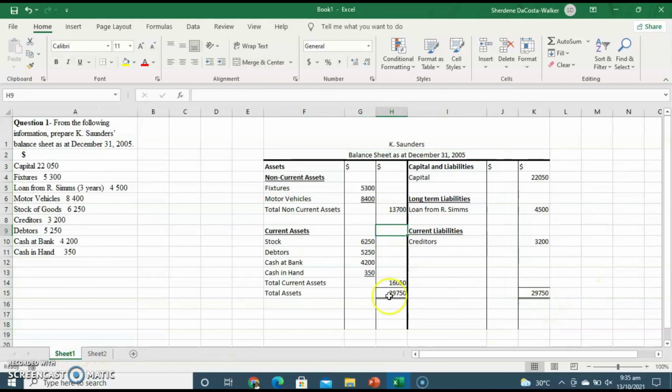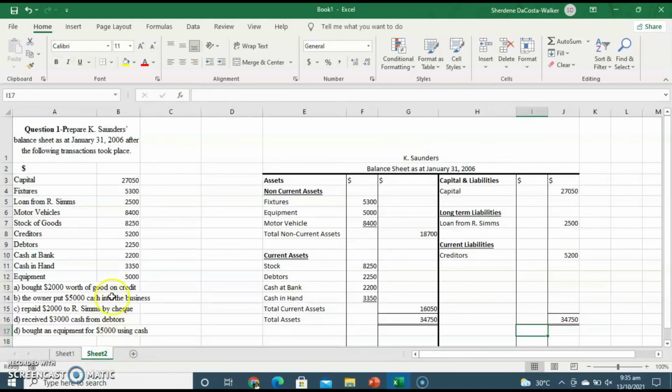They remain equal because when we were doing the transactions, we always adjusted two accounts, whether two assets, a liability and an asset, a liability and capital, two liabilities. We made some adjustments, so it will remain. So asset will always be equal to capital and liability. All right.